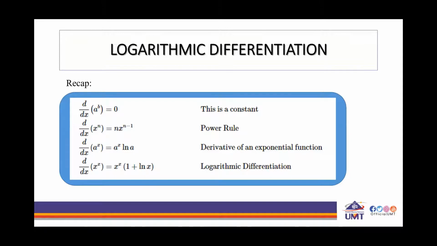The derivative of a to the power of x is a to the power of x ln a. This is the derivative of an exponential function. And the derivative of x to the power of x, we just answered using implicit differentiation and the product rule, and we get x to the power of x times 1 plus ln x.